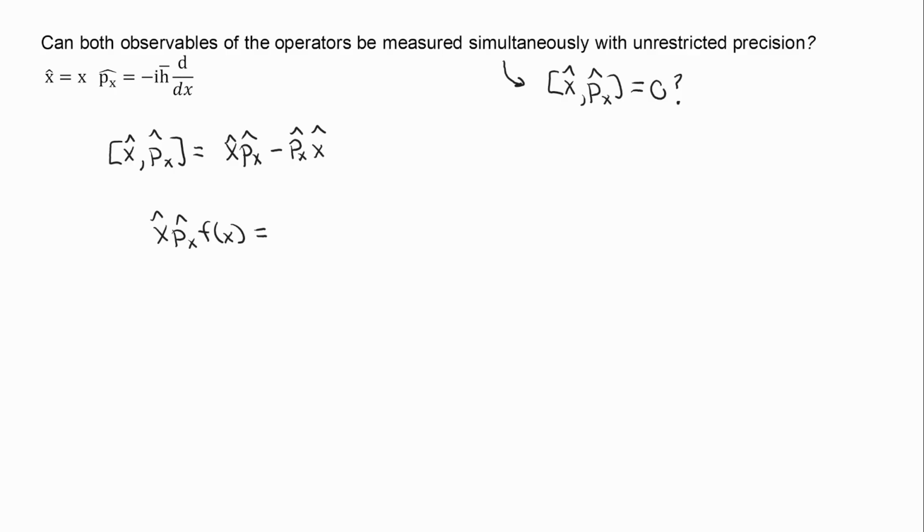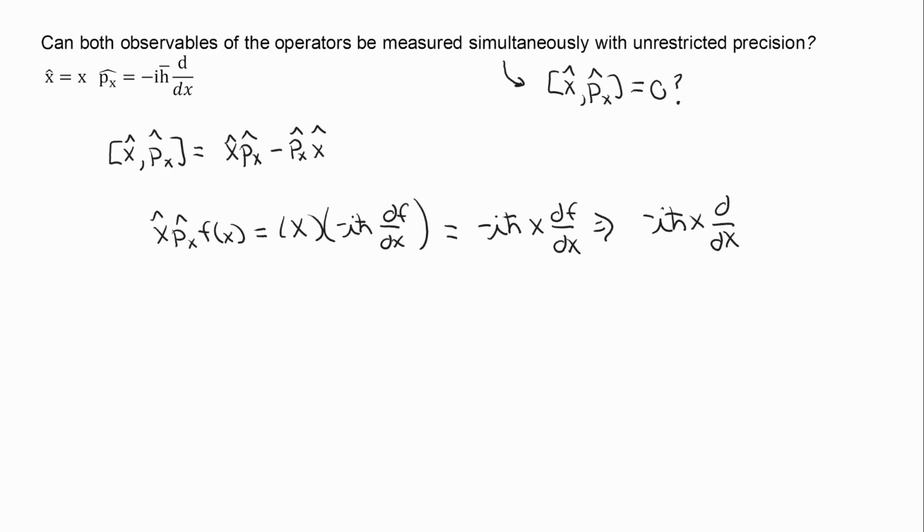Here, we're going to have x, our x operator, multiplied by minus i h bar d over dx that's applied already onto our f function. When we simplify this out, there aren't any extra operations that we need. We have our constant minus i h bar multiplied by x df dx. So when we factor that out, it's the same thing as minus i h bar x d over dx when we factor out that f of x function.